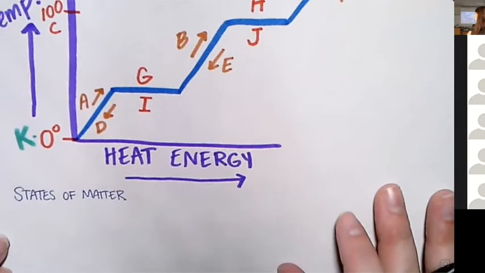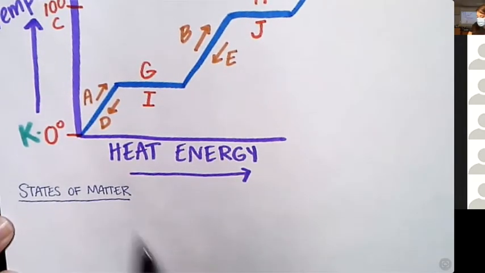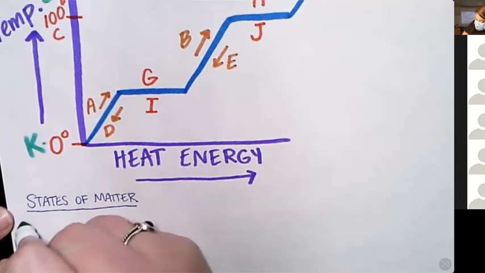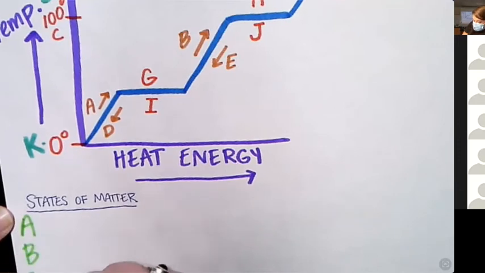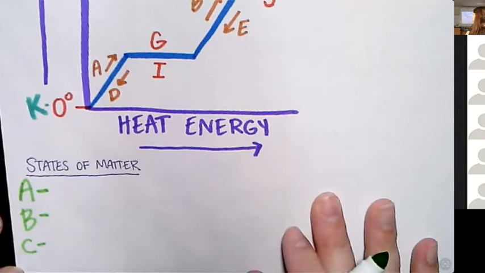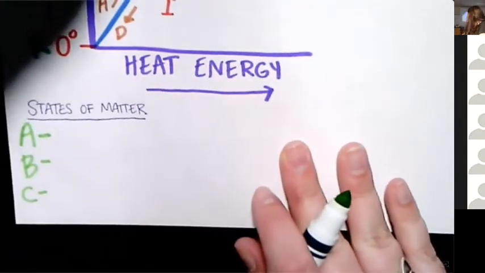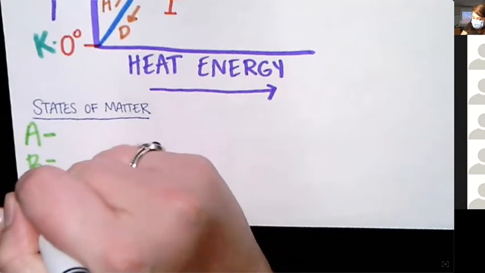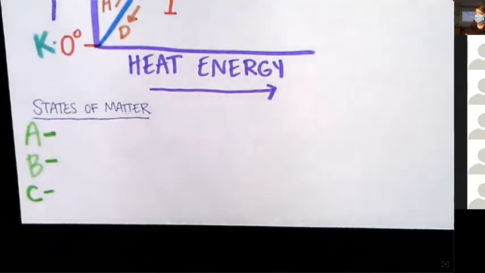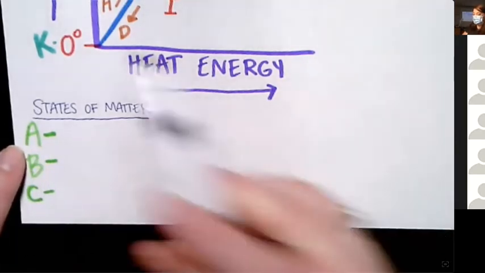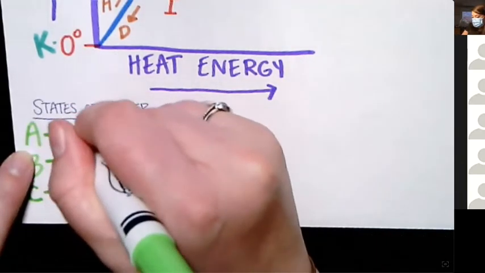Okay, states of matter. And under this category, what we are going to do is put A, B, and C. Okay, A, B, and C. So A, which is right there, these are solids.